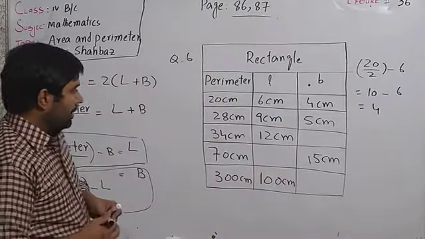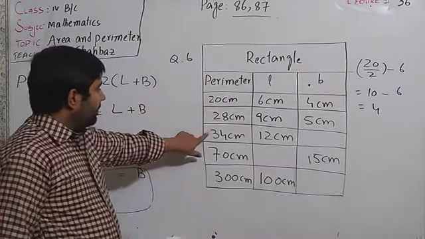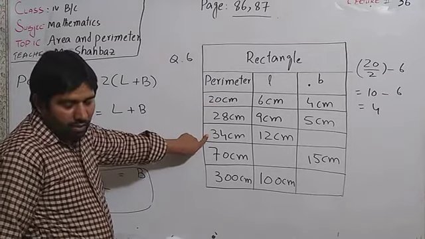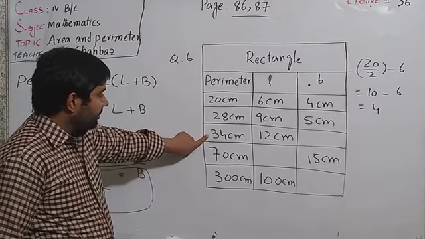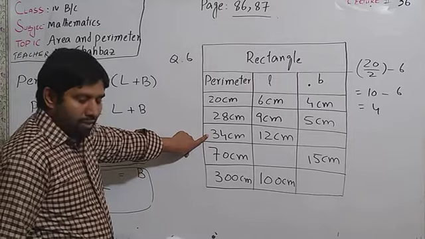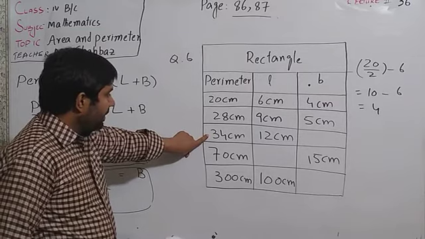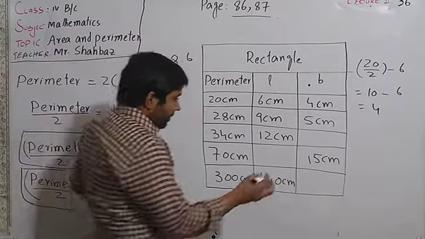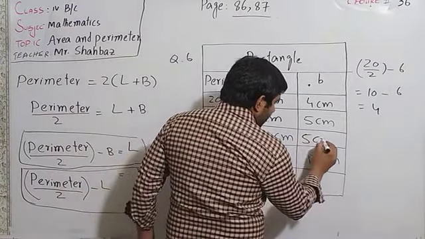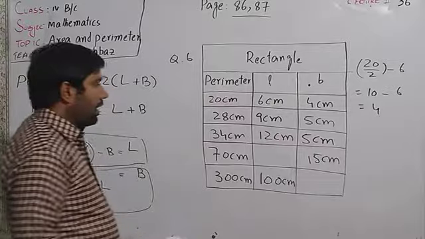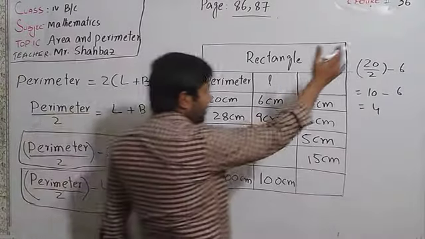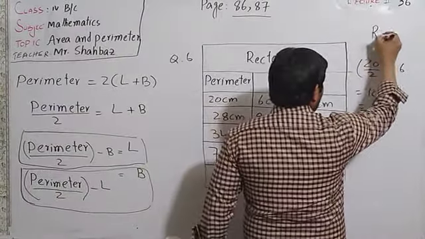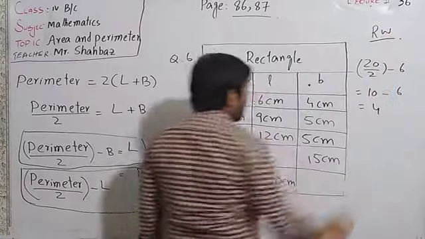Okay, dear students. Same here. 34 divided by 2. What will be the answer? 34 divided by 2 answer will be 17. 17 minus 12 will be 5 centimeter. You can do rough work on your side, like here, if you do not understand.